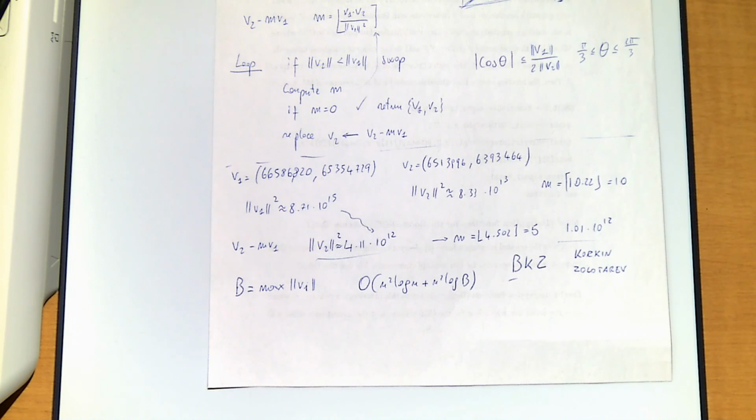So essentially, standard LLL and then the improved LLL require a block size that grows linearly with n.